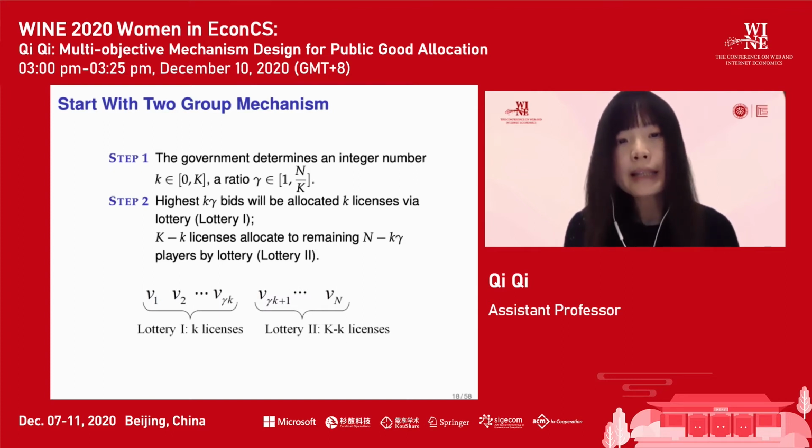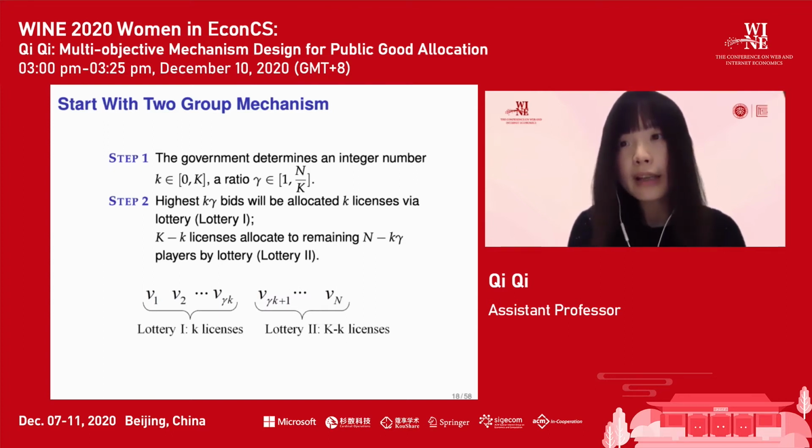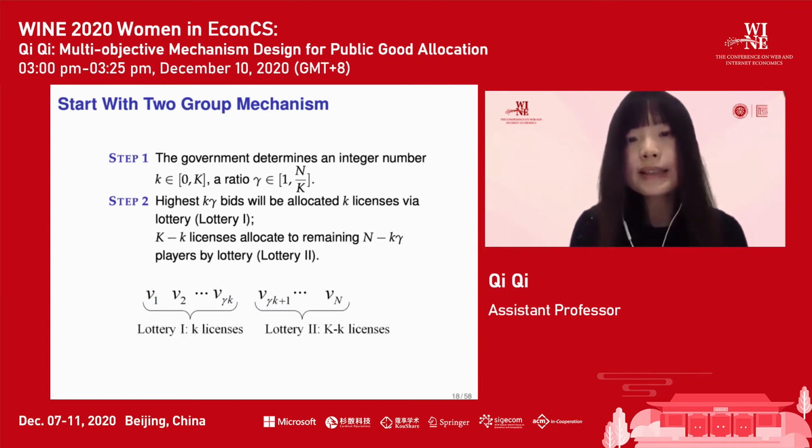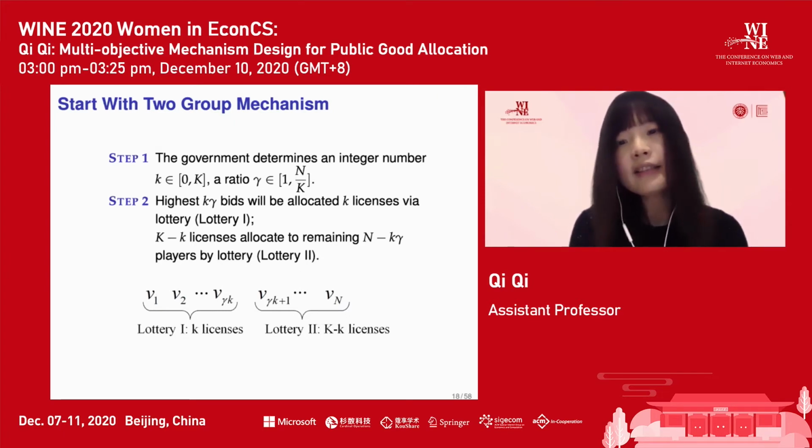One group is for lottery 1, and the remaining is for lottery 2. Lottery 1 has a higher winning probability and lottery 2 has a lower winning probability. Within each group, every player has the same winning probability. So we need to decide the small k licenses to put in lottery 1, and all the remaining licenses can be put in lottery 2.